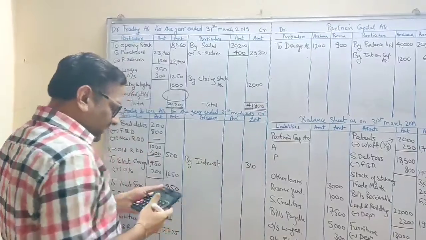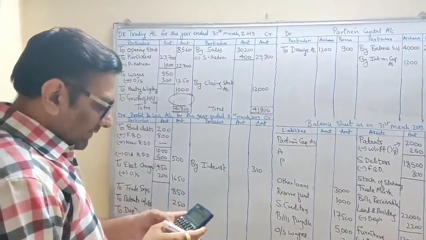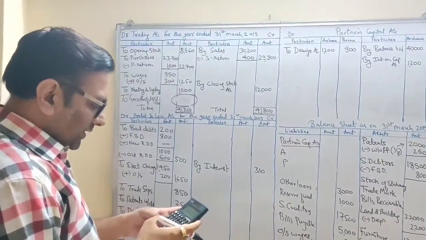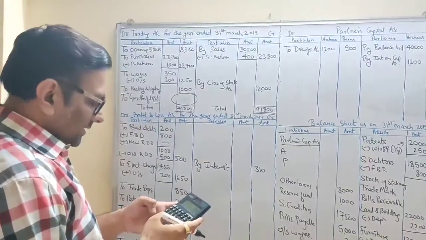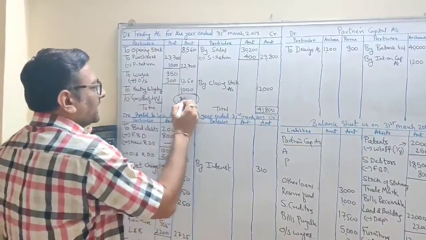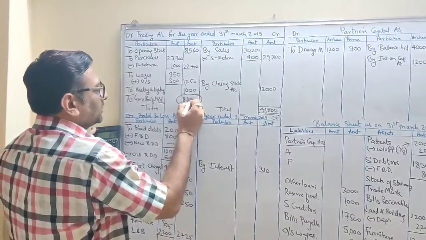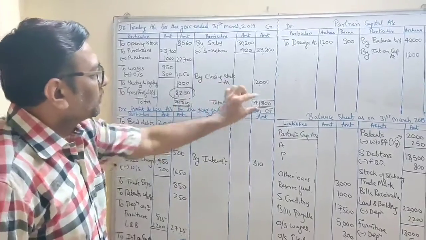So 41,800 minus 8560 minus 22,700 minus 1250 minus 1000. So your gross profit is 8290.